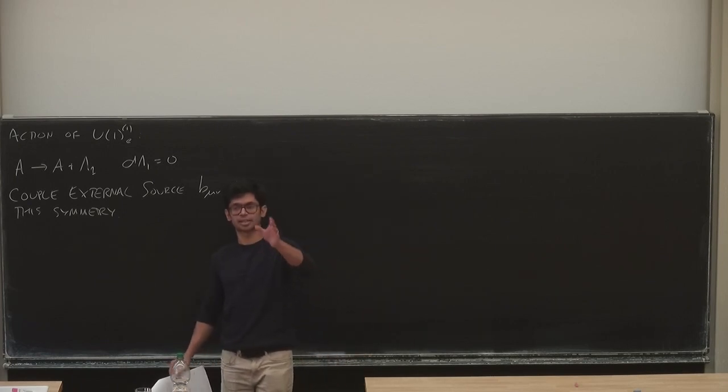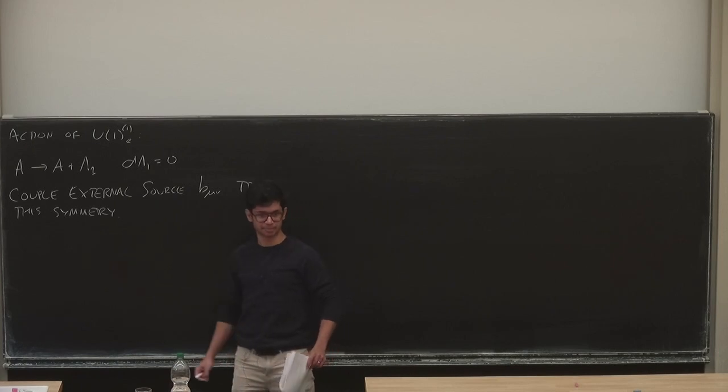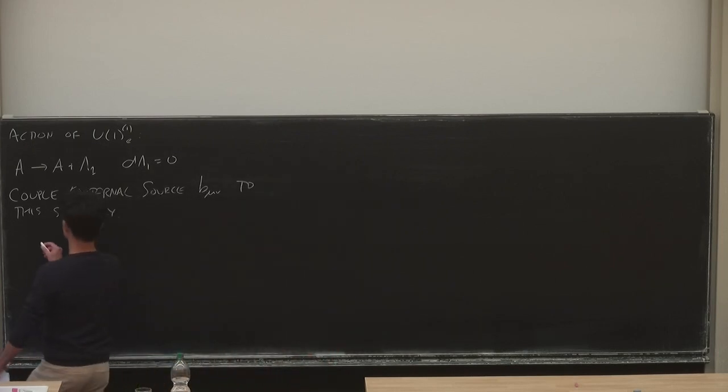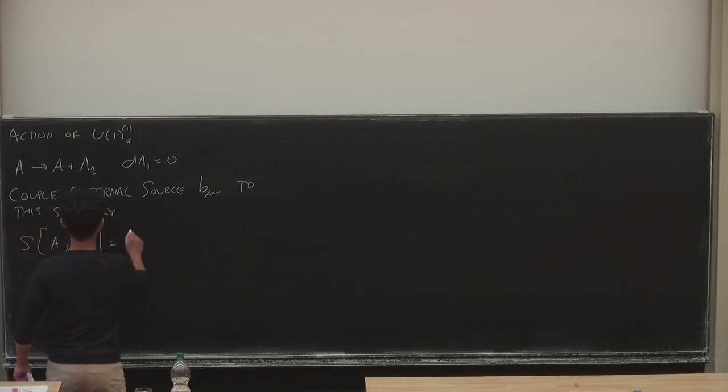In that case, we had an external gauge field A mu. Now I should have an external two-form field B. So how do we do this? Let me point out what you do. This semicolon is to remind you that A is a dynamical field and B is an external source. And you couple it in the following way.